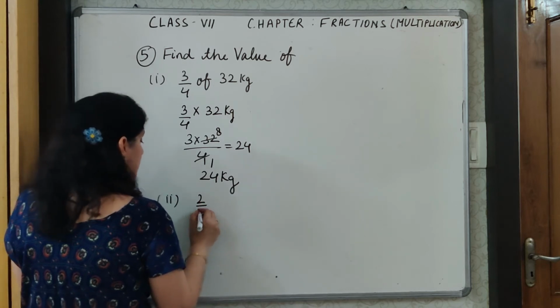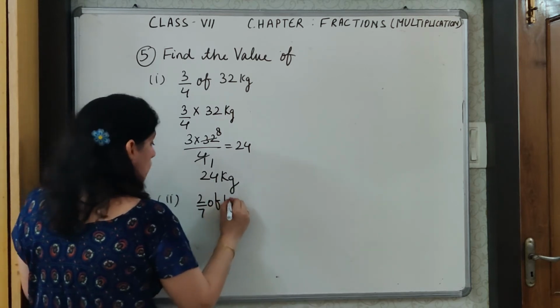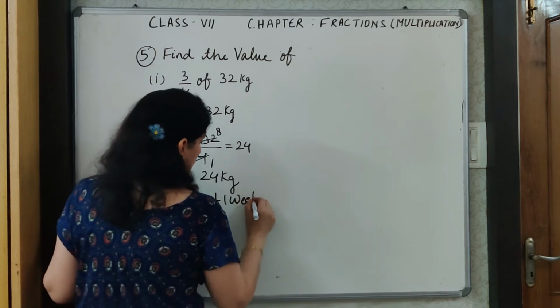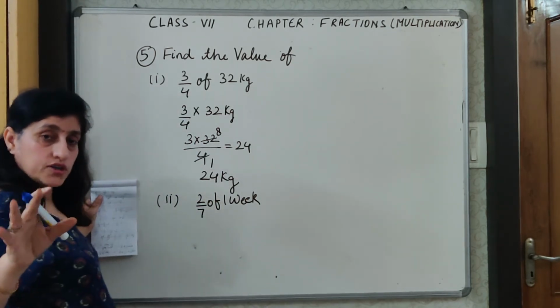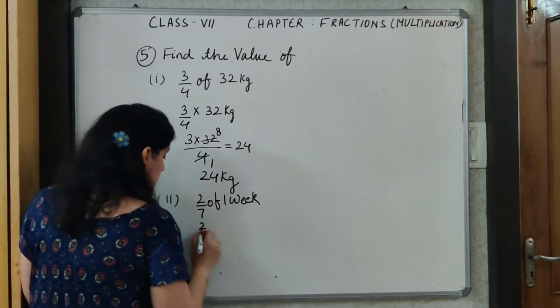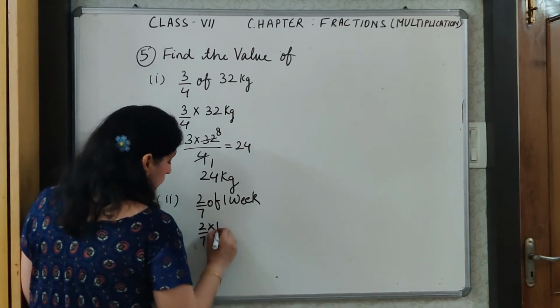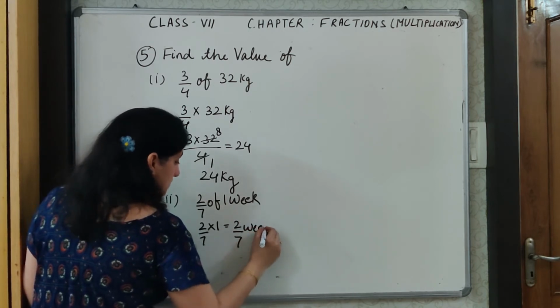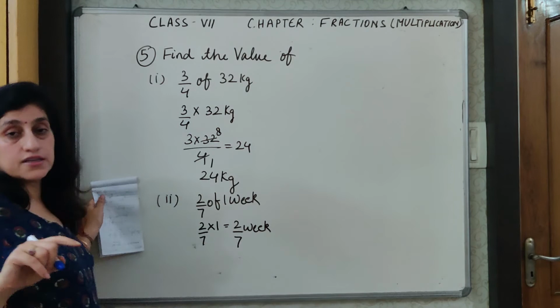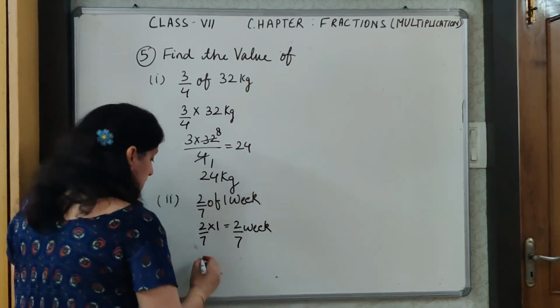Next is 2 by 7 of 1 week. 2 by 7 of 1 week can be solved in two different ways. The first one is 2 by 7 of 1, which will give me 2 by 7 week as the answer. Another method is to convert the week into days.